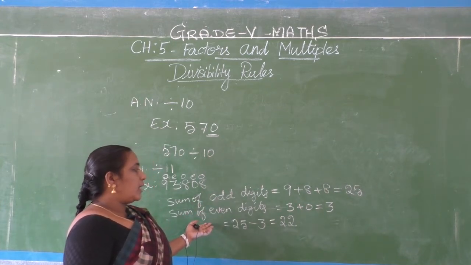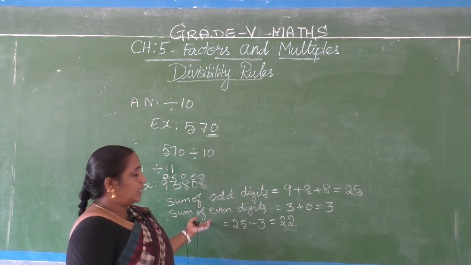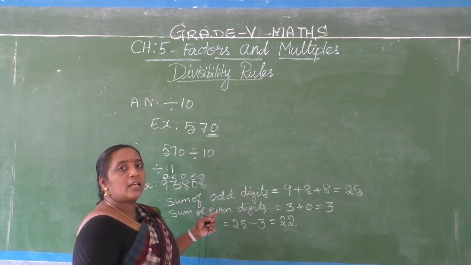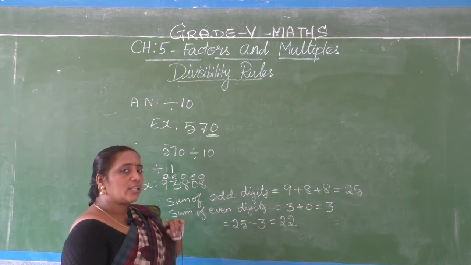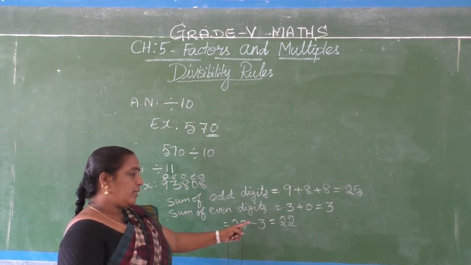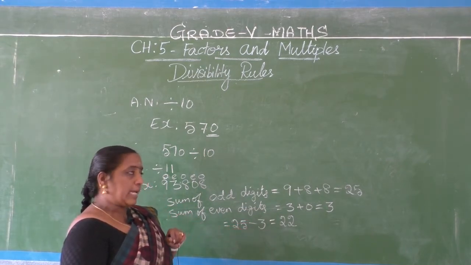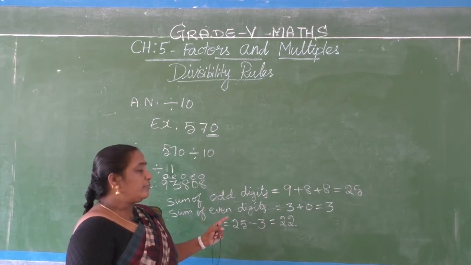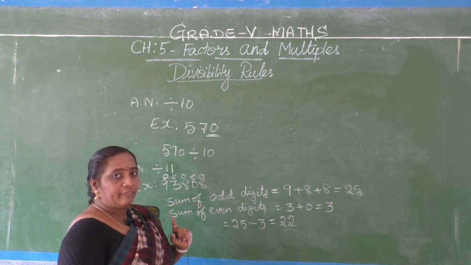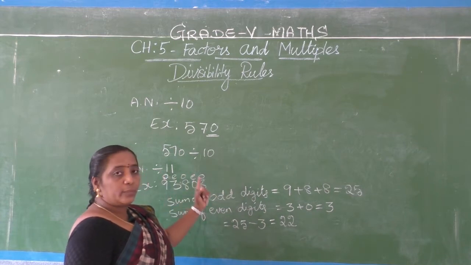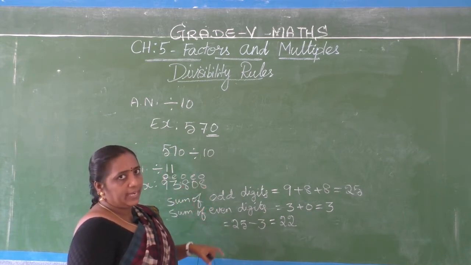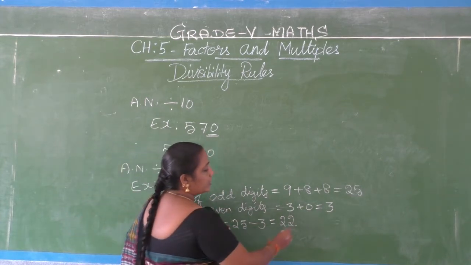Then what is the rule? The difference of the sum of the odd and even places should be 0, or else the number will be divisible by 11, meaning the whole number will be divisible by 11. Now we get 22, no?